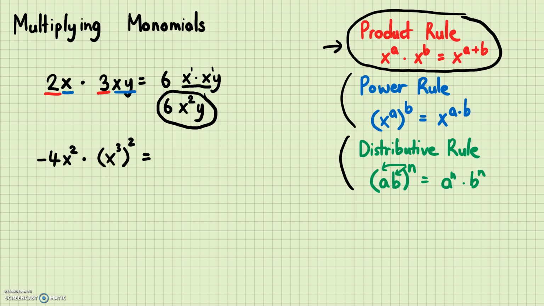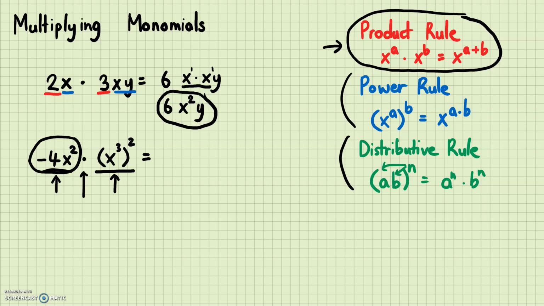And the first step, actually, when you see two different terms here, these are going to be combined into one term, but try to simplify each of these individual terms first before you actually do the multiplication. So in this case, we can't really do anything to this term here.